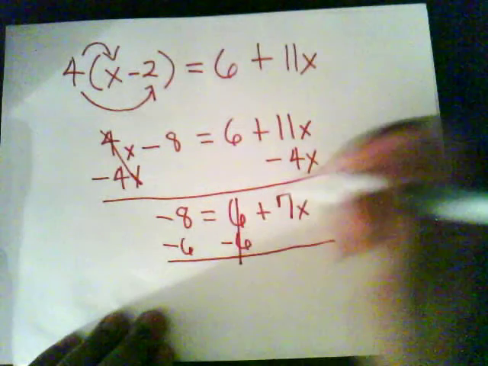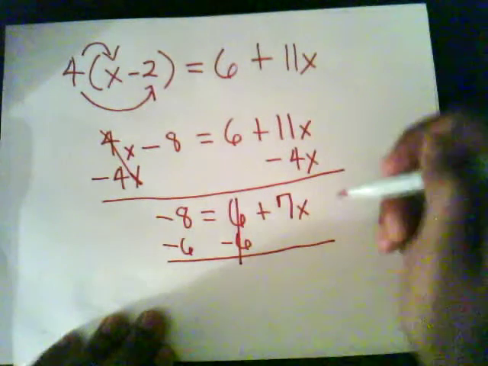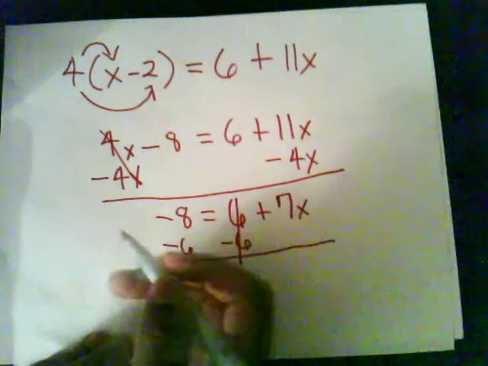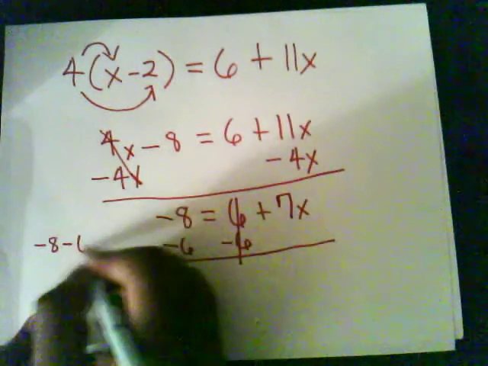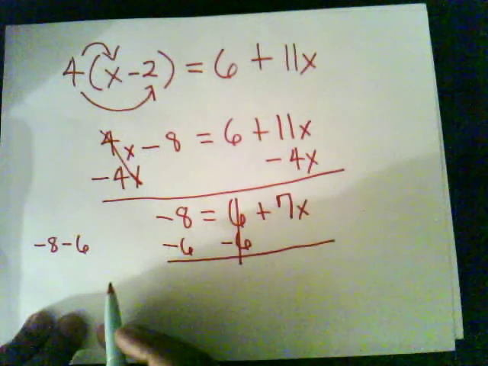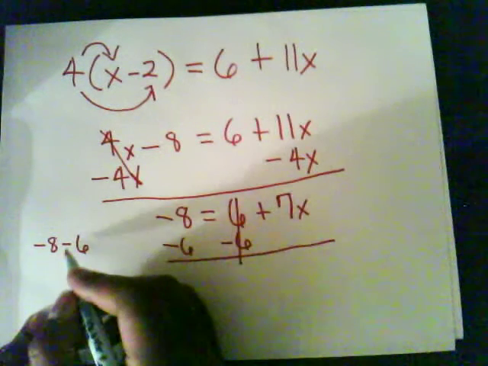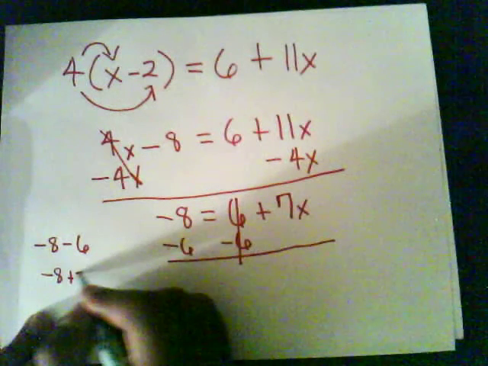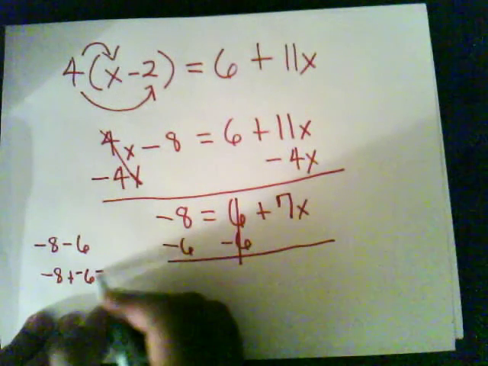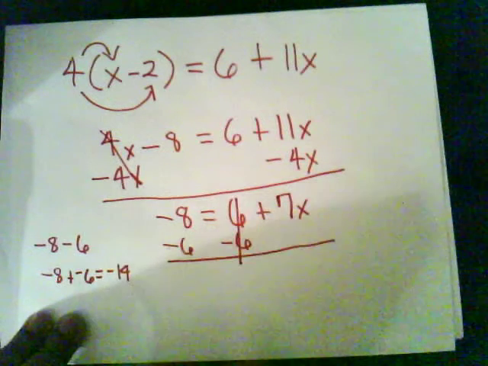Now, students, when you're dealing with negatives, you may want to write it out to the side so you can see it better. Negative 8 minus 6. Remember that you can always add the opposite, so that becomes negative 8 plus negative 6, and that equals negative 14.